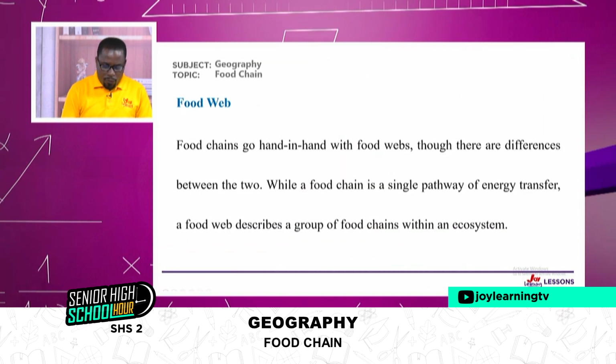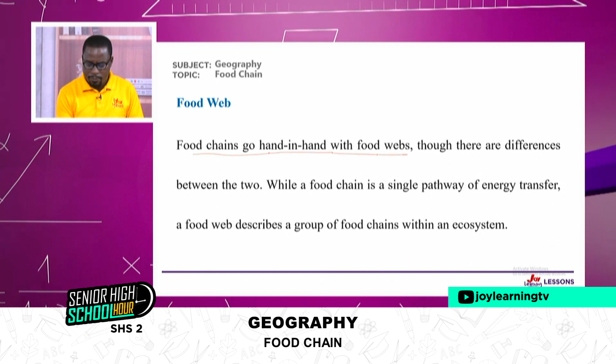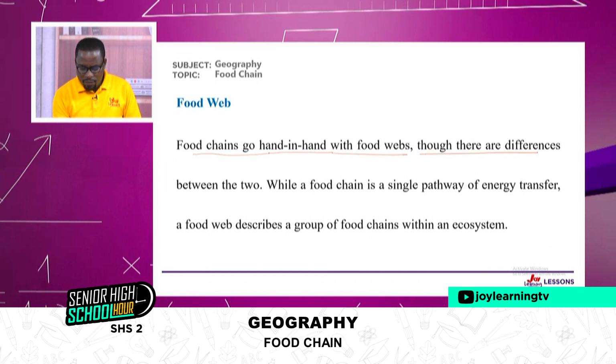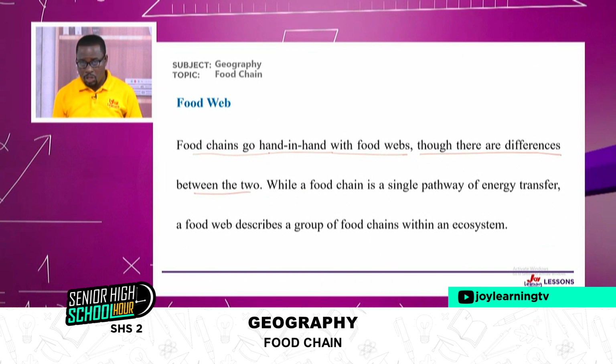Right. So food chains go hand in hand with food webs, though there are differences between the two. So now you know the difference between the food web and the food chain.